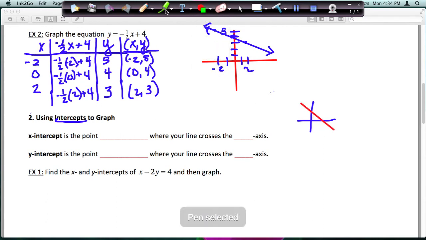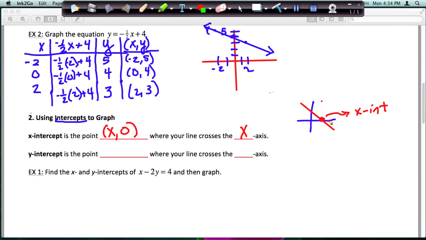Okay, so the x-intercept is the point x comma 0, or it's where your line crosses the x-axis. So here's our x-axis. The x-intercept is right here. It's where your line crosses the x-axis, and you can see why y is 0. You're not up or down anywhere, you're right on the axis.